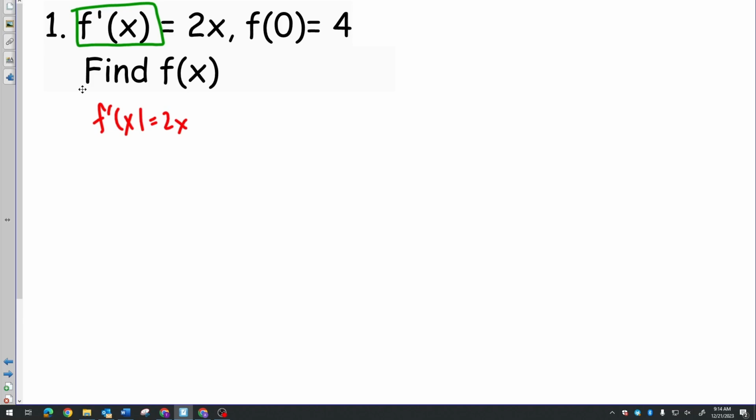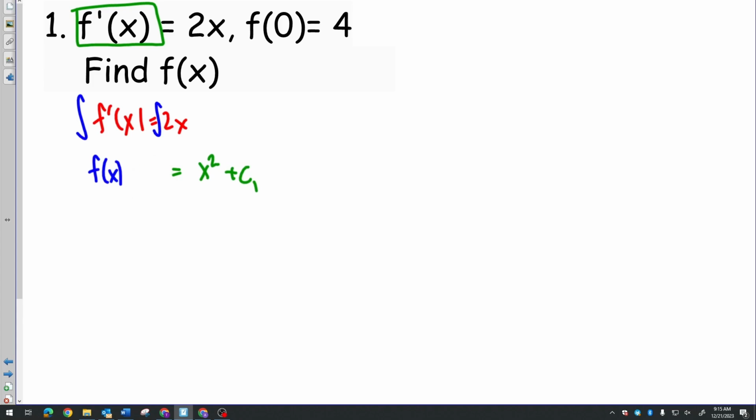So I'm going to integrate the left side and the right side. On the left side, the antiderivative of f prime is f of x plus c. And then the integral of 2x is x squared plus some other c. But if I add some c with some other c, I just get some c.